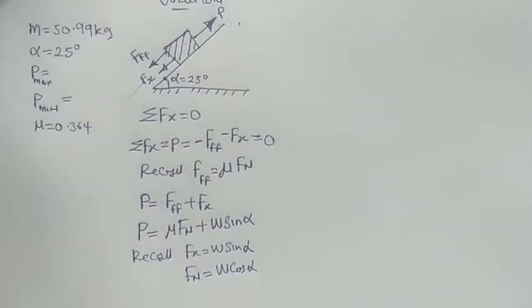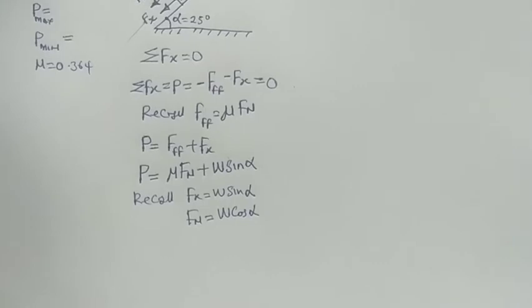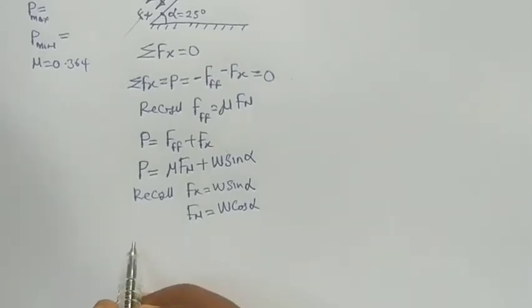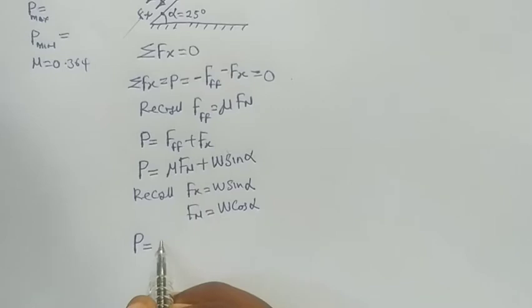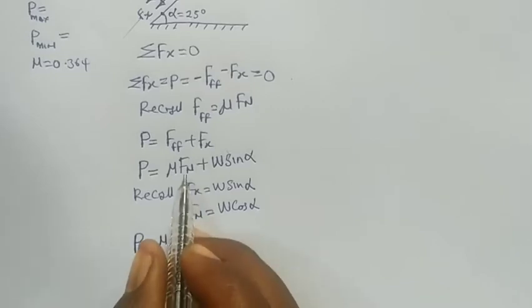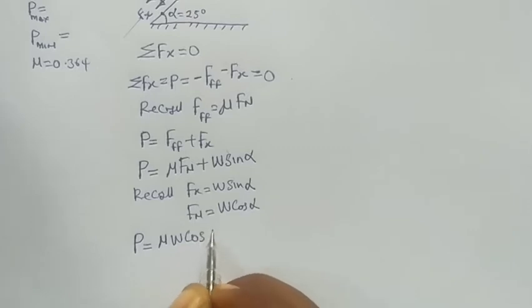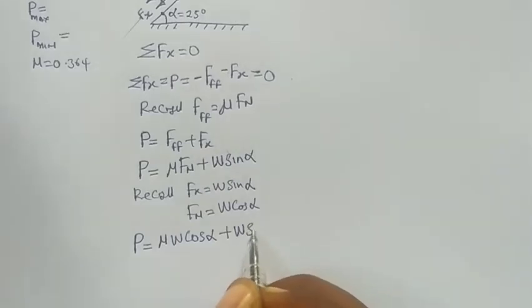From this point, we'll substitute in our equation here, and we are going to be having the force P will now be equal to mu, Fn is W cos alpha, plus W sine alpha.